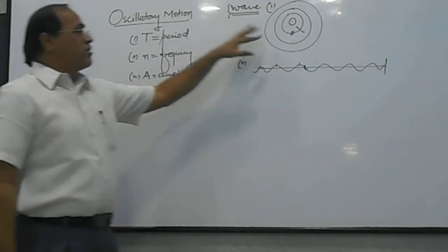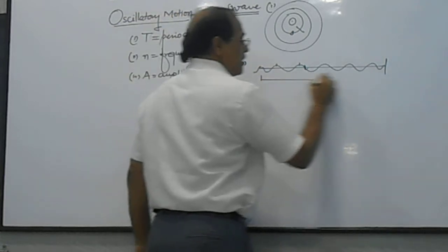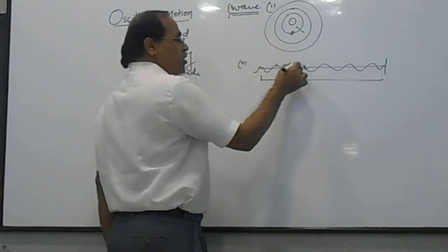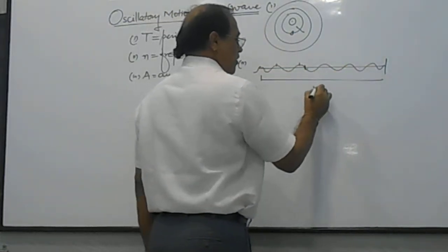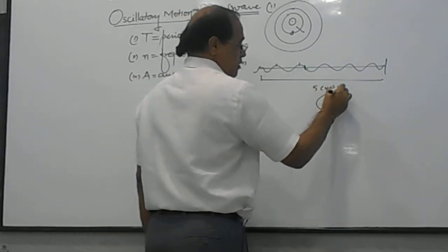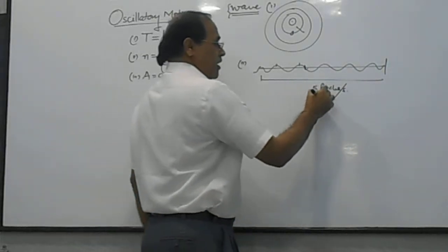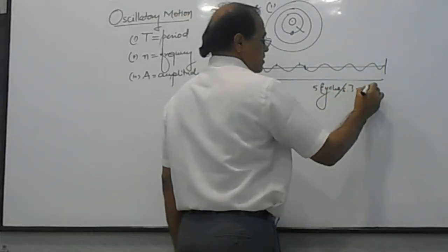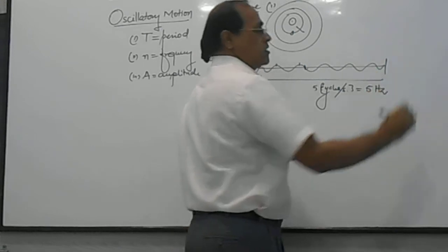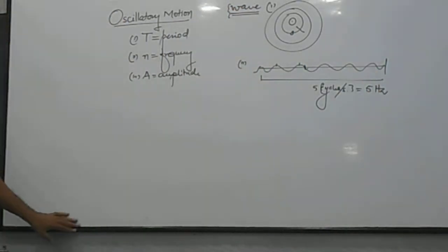Frequency: suppose this wave travels here in 1 second. If you go on measuring 1, 2, 3, 4, 5, there are 5 waves. Therefore 5 cycles per second we can say. And this unit of frequency is hertz, that is 5 hertz like this. These are the characteristics of waves.